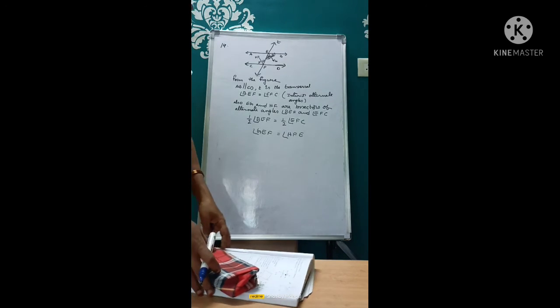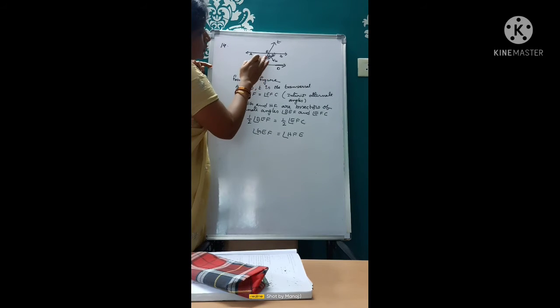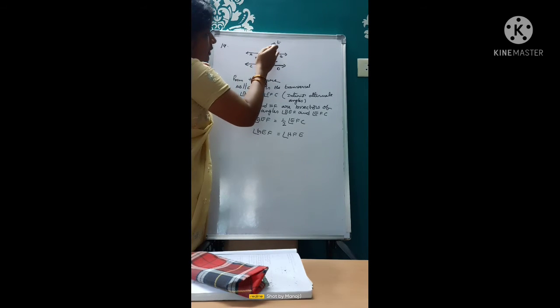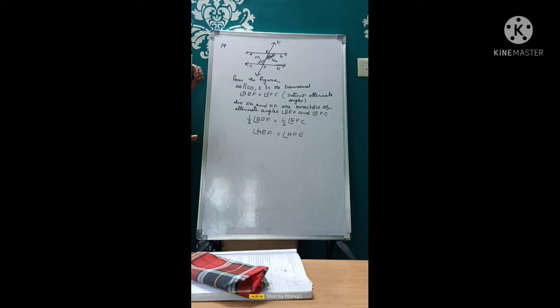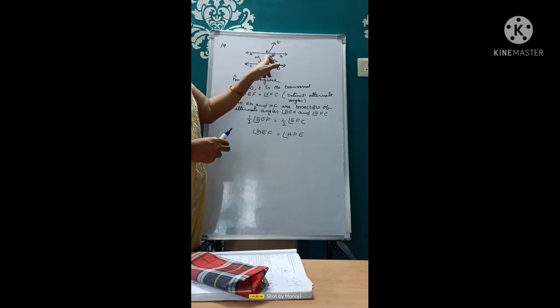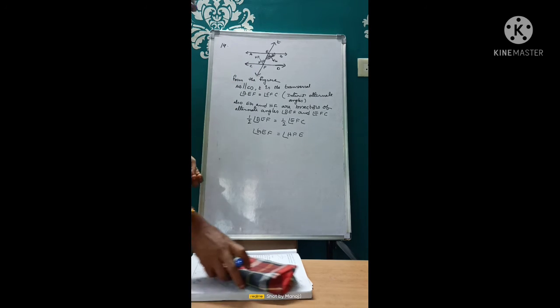Suppose HF is a line and EG is a line, and EF is a transversal. Think about that. EF is a transversal, so these two angles are equal. Do you get it now? These two angles are equal.